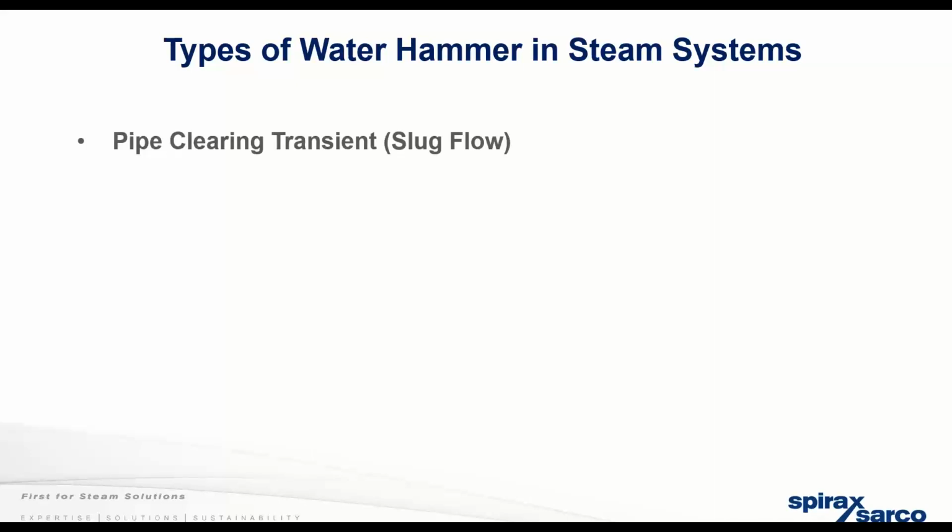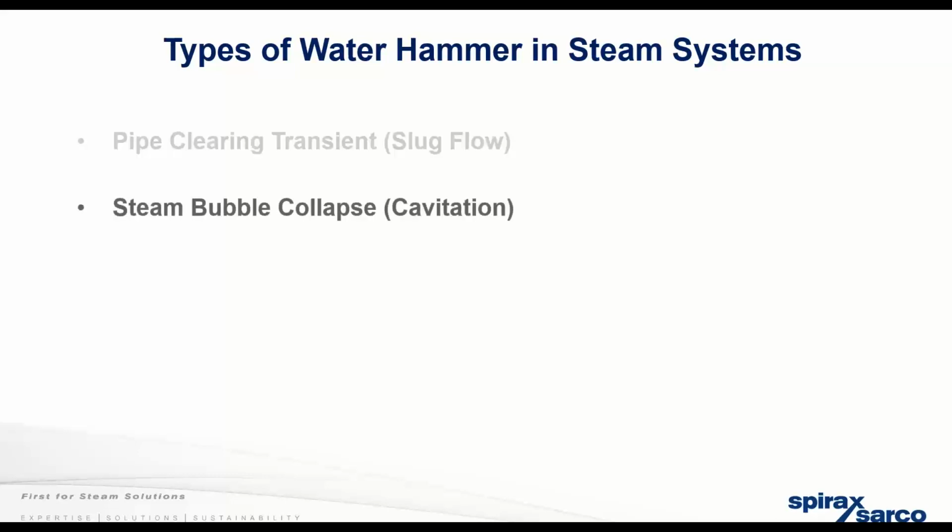Types of WaterHammer in steam systems. The first one we know as a slug flow or pipe clearing transient. We'll talk a little bit about the definition of that and the impact pressures formed by that. Then steam bubble collapse. I call this cavitation. Everyone seems to know cavitation for what happens in pumps. In my mind, steam bubble collapse is cavitation, or WaterHammer in steam systems.